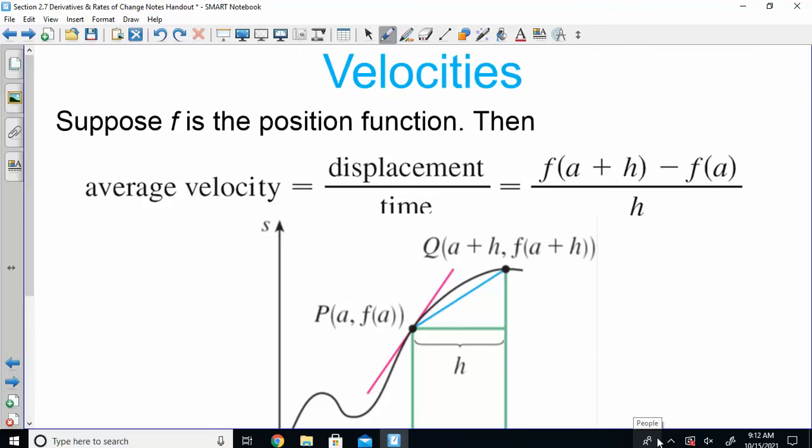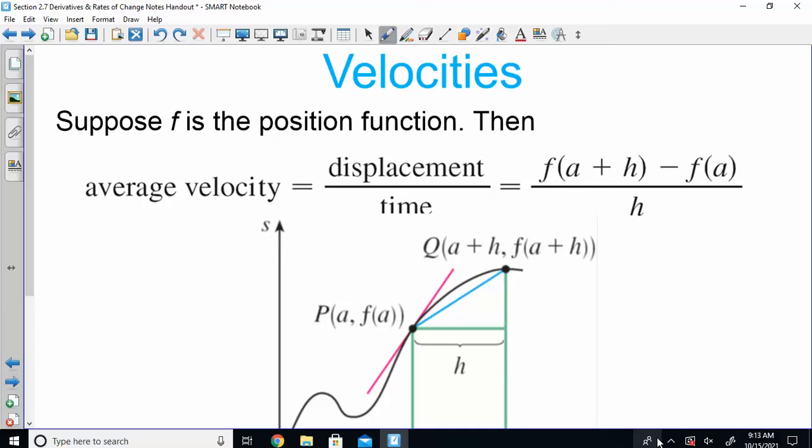Okay, we can also talk about velocities. We have kind of touched on this already because we had a question on our test about it. Average velocity is what? A slope. And instantaneous velocity is just at a particular point.